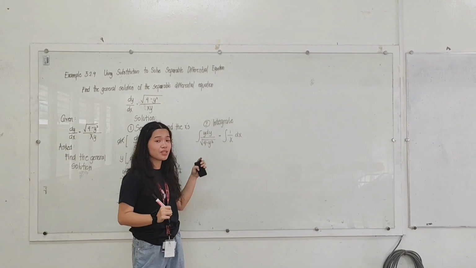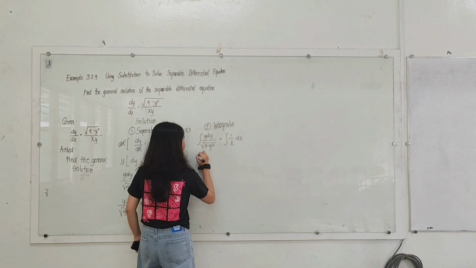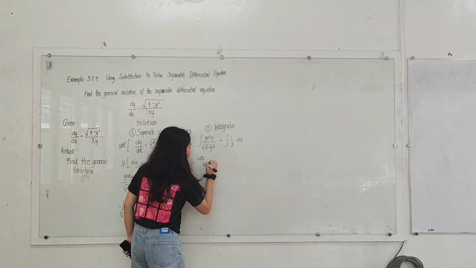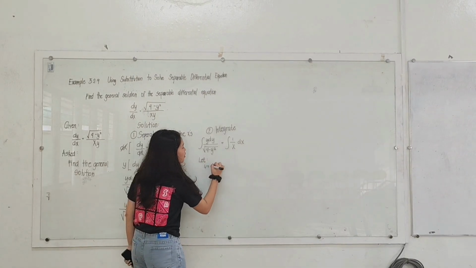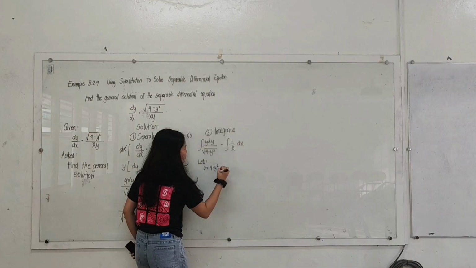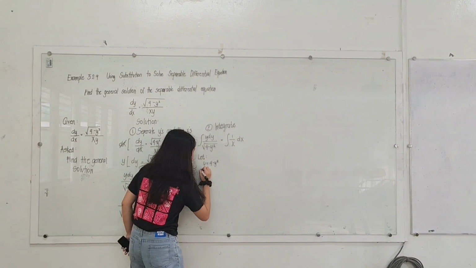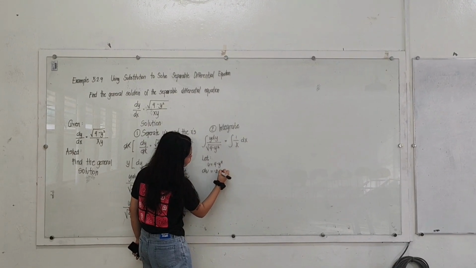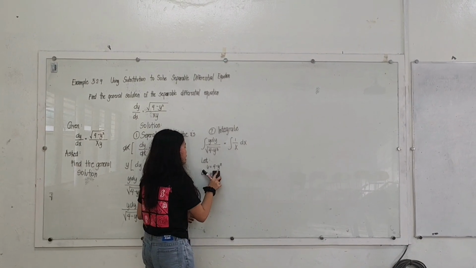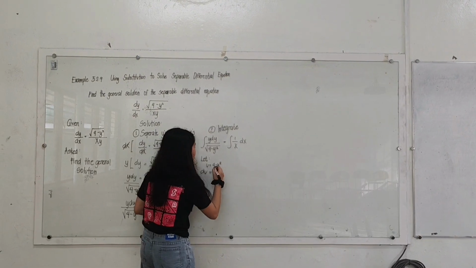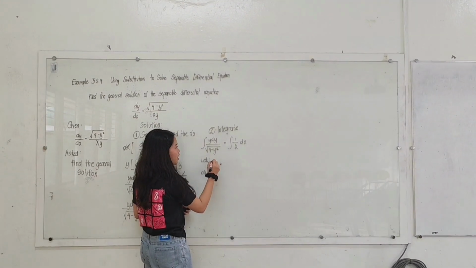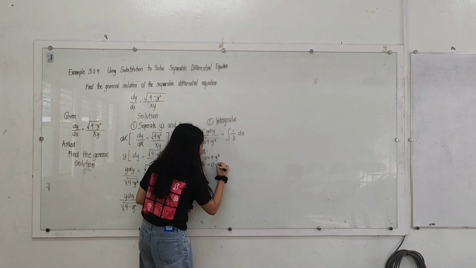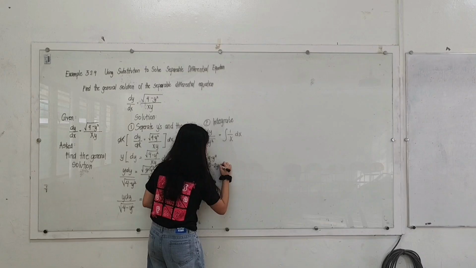So let's use the substitution. Let u be equal to 4 minus y squared, and then we will solve the derivative of u. We will not take a shortcut. The differentiation of 4 would be 0. Then we transfer the 2, then y, then dy.